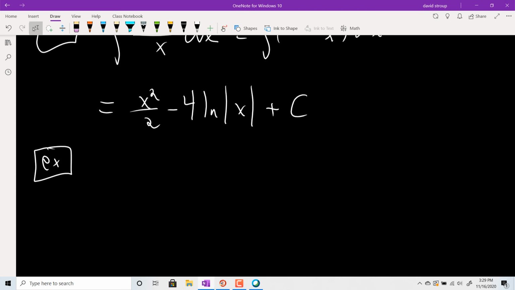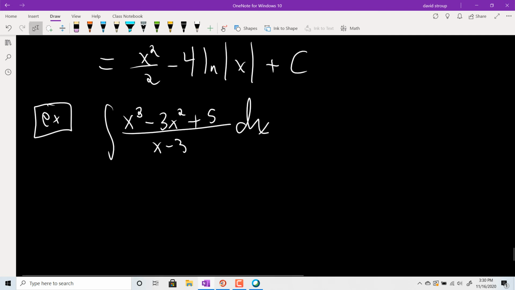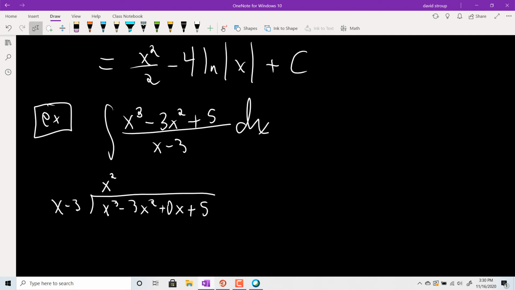So do you remember how to do long division? That's the caption underneath this question. And that's what I have to do in order to get it done. So you're going to go x minus 3 into x cubed minus 3x squared plus 0x, if you like doing placeholders, plus 5. And then we're going to divide. So what times x is x cubed? That would be x squared.